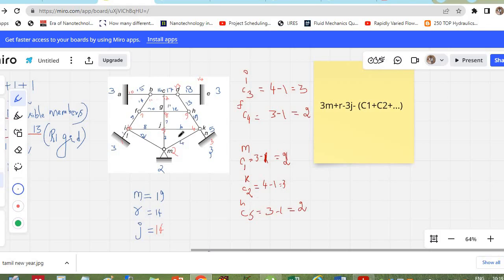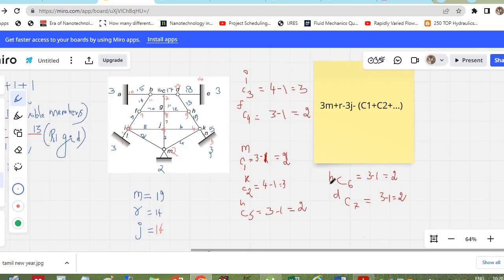Then take joint B. At joint B 3 members are meeting, so C6 equals 3 minus 1, which is equal to 2. Then take joint D. At joint D 3 members are meeting, so C7 equals 3 minus 1, which is equal to 2.